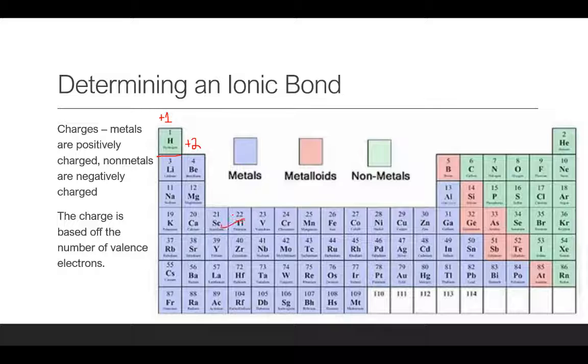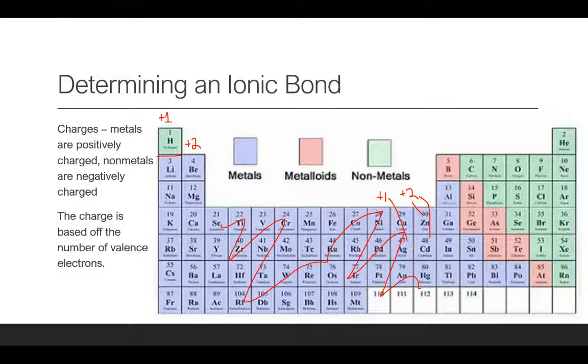We're going to skip our transition elements until a little bit later because many of them can have multiple charges. The exception is that zinc is always a positive 2 charge. Cadmium is also always a positive 2 charge, and silver is a positive 1 charge. Ag is a positive 1 charge.